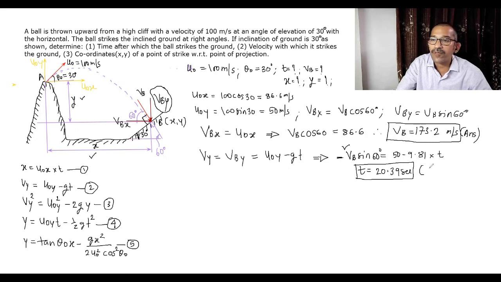This is also asked in the problem. The first part of the problem is the time t, VB is the second part of the problem. Now the coordinates x and y. If you know time t, then finding x and y is easy. For x, we'll use our first equation, u0x into t. u0x is 86.6 and time t is 20.39.